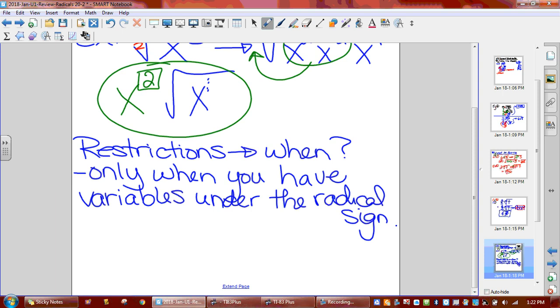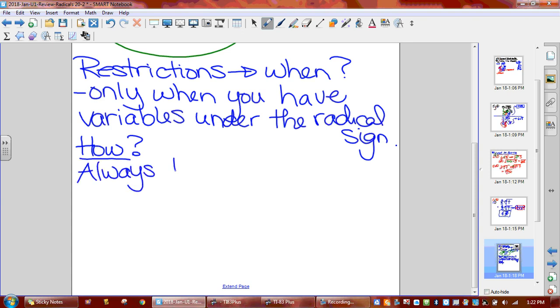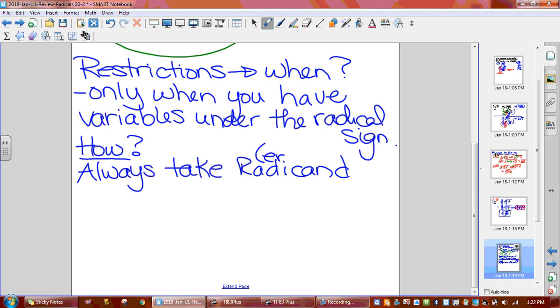So we need a restriction when? Only when we have stuff under the root sign. And how do we start a restriction? Well, you always take the radicand, and I want to write the entire radicand, not just the variable. So if it was 5x, you take the whole 5x.